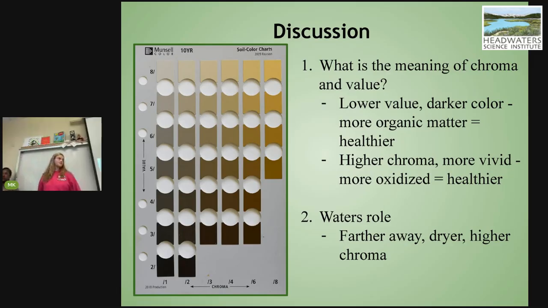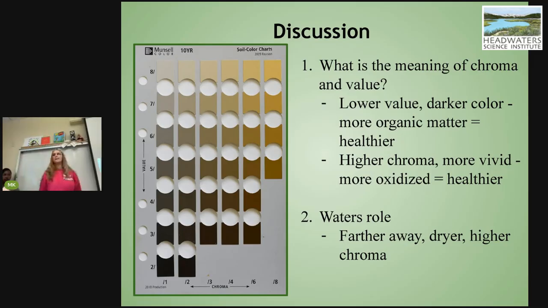Mateo? In terms of chroma, how would the soil of a lake compare to a lagoon if they had the same amount of water retention? I think that goes back to the water retention again. If they have a similar water retention, then it would probably be the same.